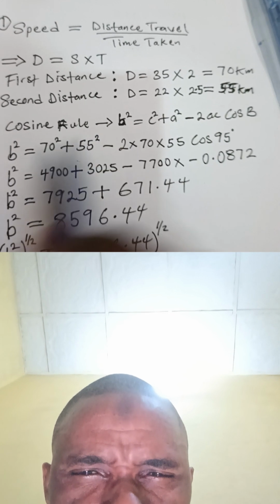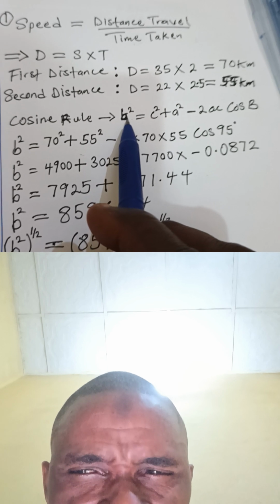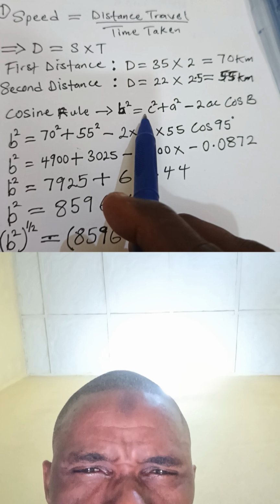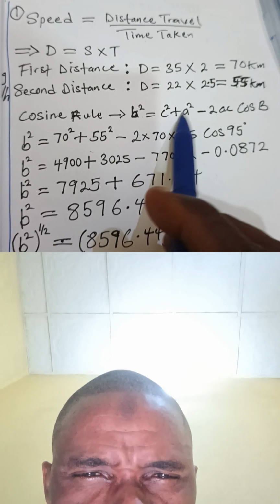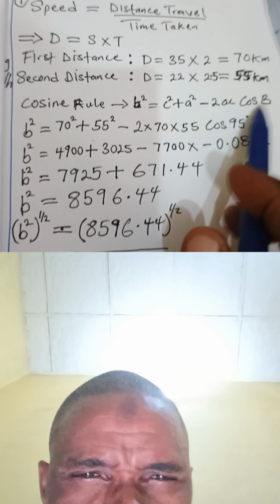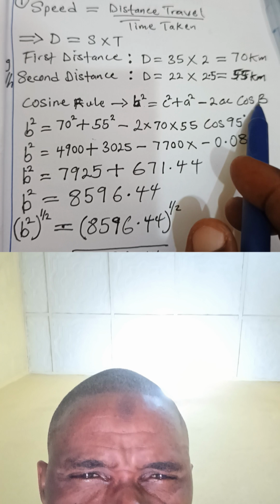Since we are looking for that small b, which is opposite to that 95 degrees, it will be b squared equals c squared plus a squared minus 2ac cos B, because B is the one we are looking for.